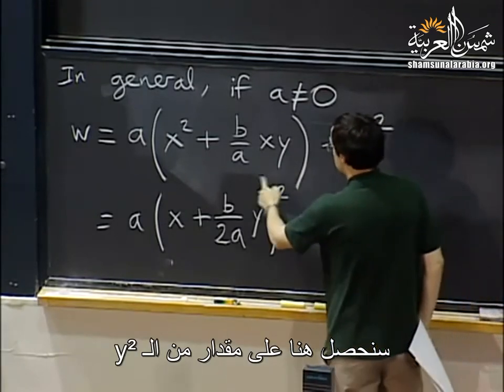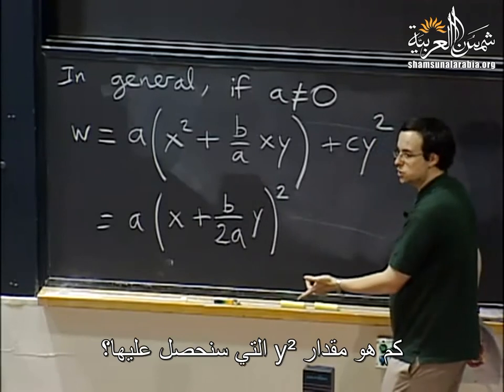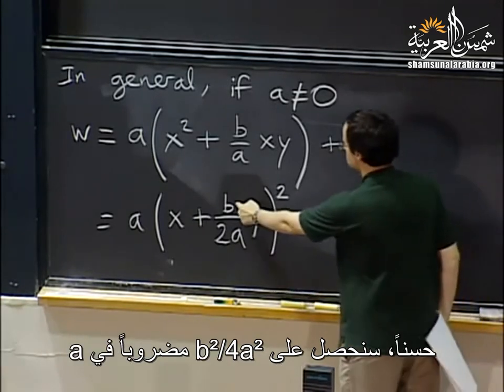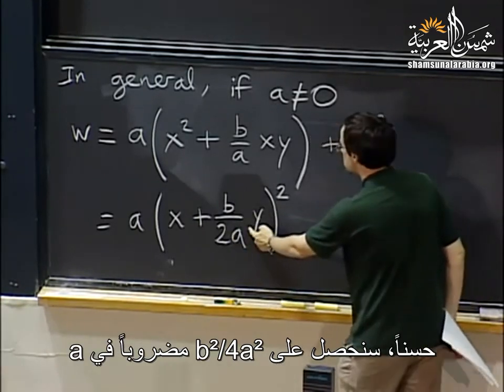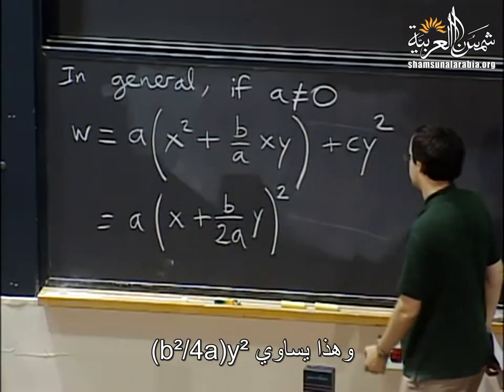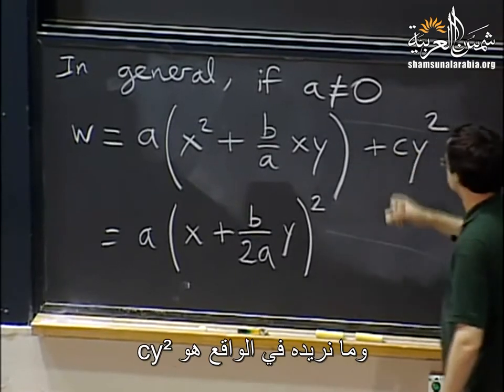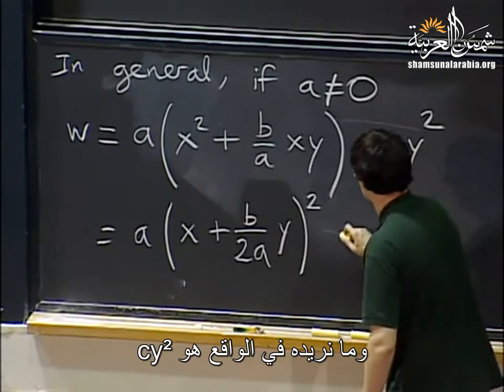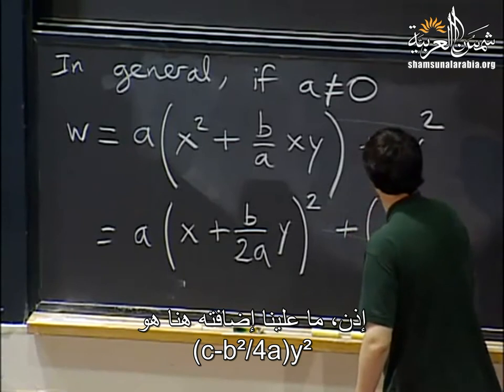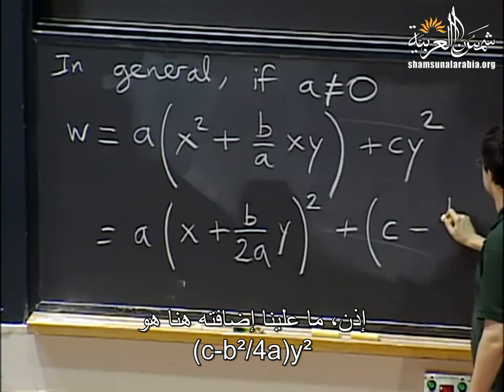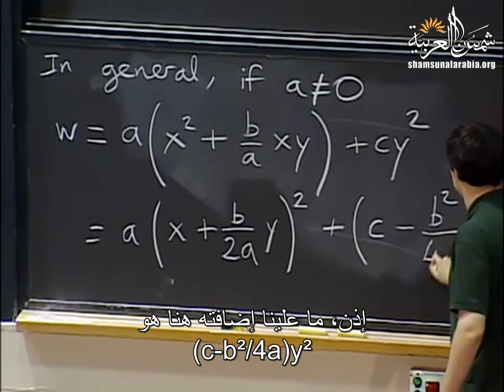Now, I also get some y squares out of this. How many y squares do I get? Well, I get b squared over 4a squared times a, so I get b squared over 4a y squared. And I want, in fact, c times y squared. So the number of y squared that I should add is c minus b squared over 4a.